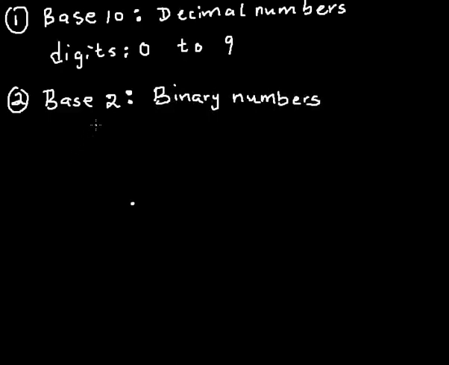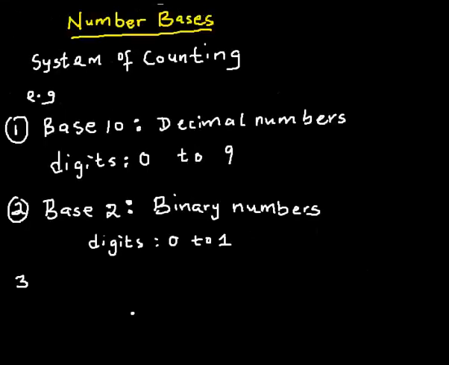The only digits used in this system are just 0 and 1, so the digits range from 0 to 1. There are others: we have base 3, base 4, base 5. So this is just an example.